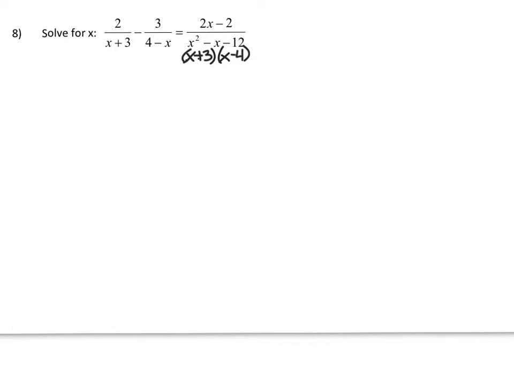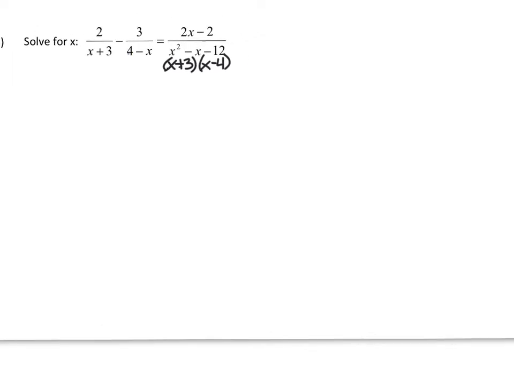So I'm going to take this and make it say x minus 4. What I basically did was I took the negative x and made it positive, and I took the positive 4 and made it negative. So I'm changing the signs of what's happening here. If I change the signs here, I have to change the sign in front of that fraction. So I'm going to change the subtraction sign to an addition sign. Okay, so now here's our problem.